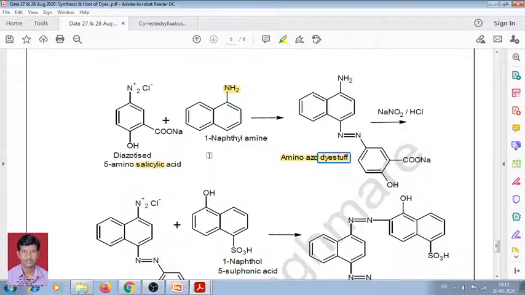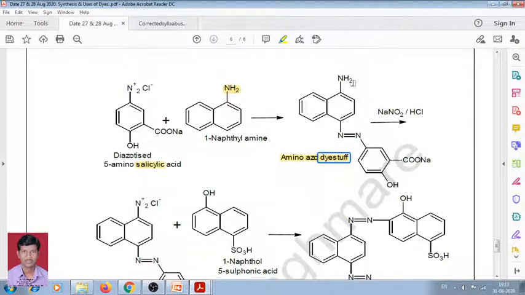The coupling takes place with the driving force from this nitrogen atom, which activates this point of 1-naphthylamine, so coupling occurs from the fourth position of 1-naphthylamine to the diazonium group, and we get such an amino azo compound. This amino azo compound has a free NH2 functional group.